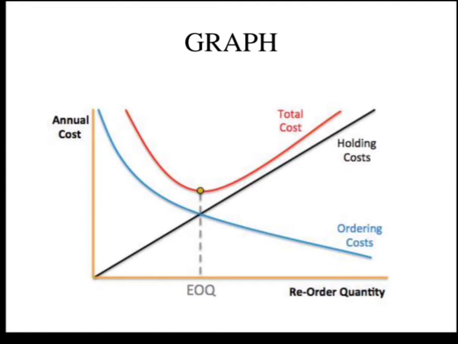You can see on the xy axes that the reorder quantity is plotted on the x axis, and the annual cost on the y axis. Against the annual cost, you can see the ordering cost is falling from the top of the y axis toward the x axis. The cost is reducing.